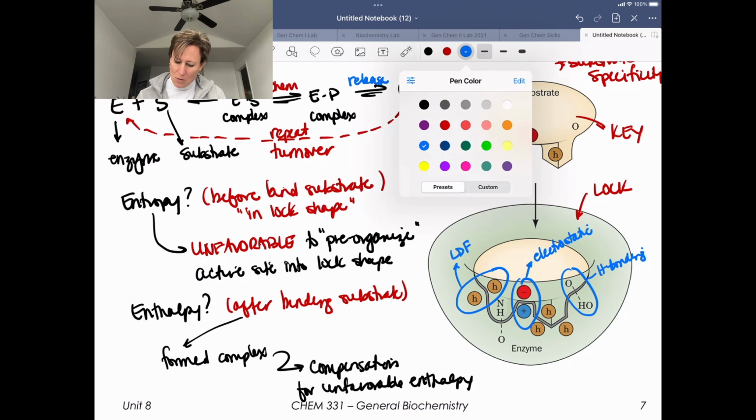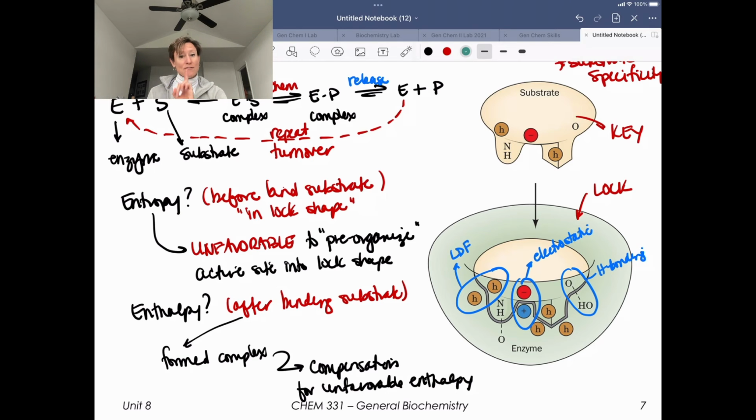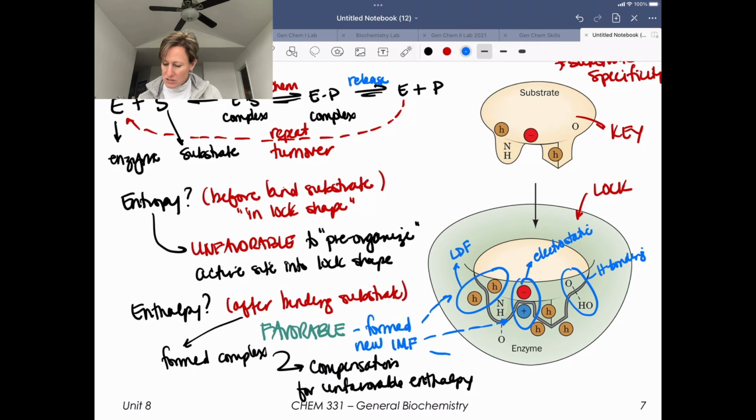So thinking about what's happening here, enthalpy after binding substrate is going to be favorable. And that is because we have formed all of these new intermolecular forces. We get London dispersion forces, we've got electrostatic interactions, maybe some dipole-dipole interactions, some hydrogen bonding, but importantly, these new intermolecular forces are going to be that compensation. Oops, and I wrote enthalpy here.